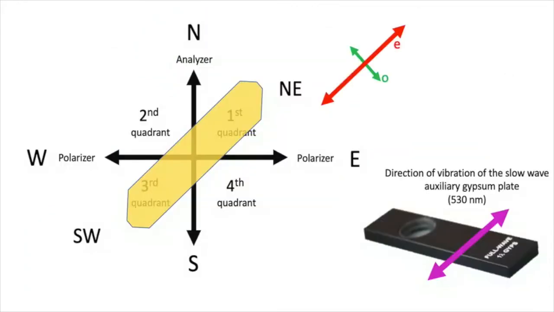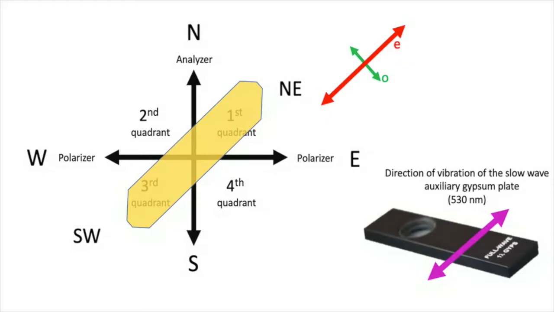So, under cross polars, when we insert the gypsum plate and the retardation color changes from white to yellow, that means that the crystal has its optical axis and plane of vibration of the extraordinary ray in the northeast-southwest direction.